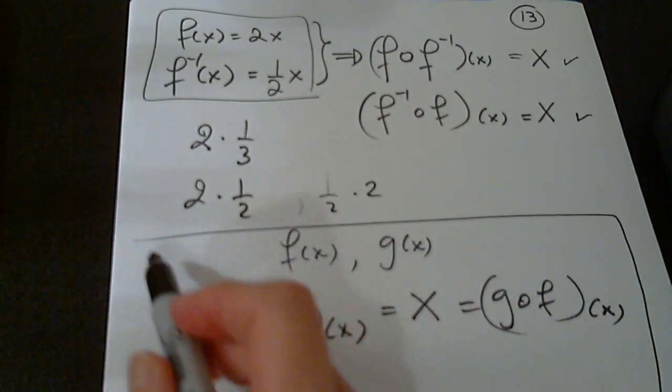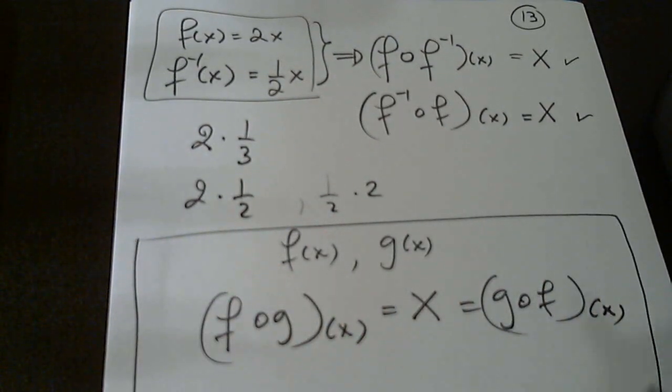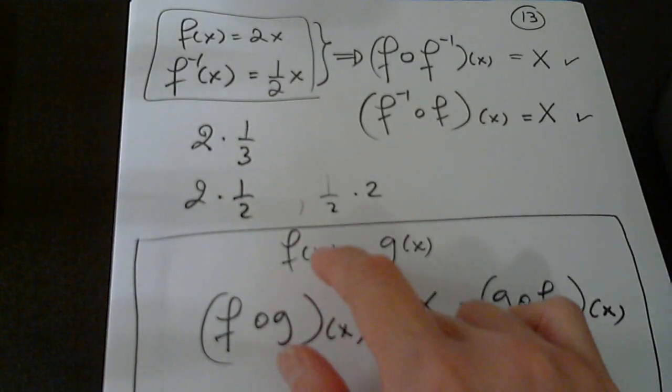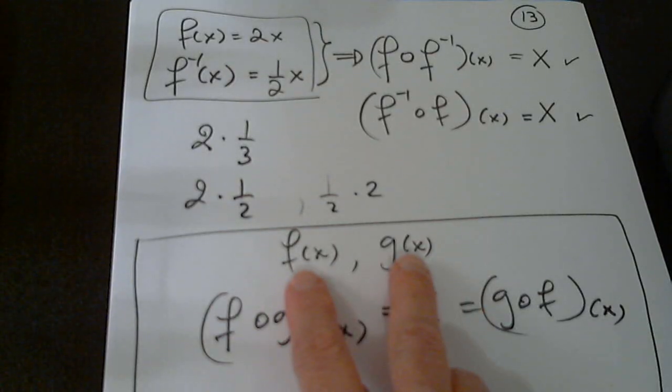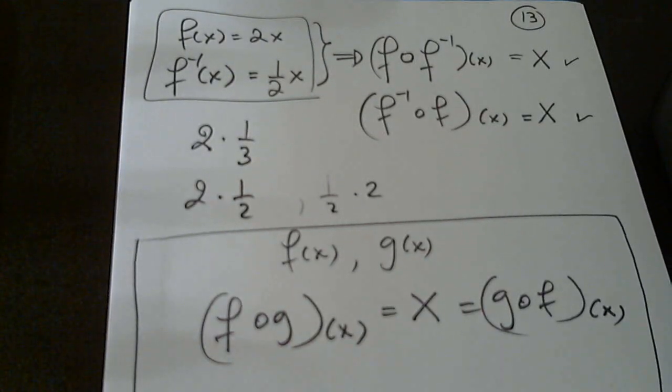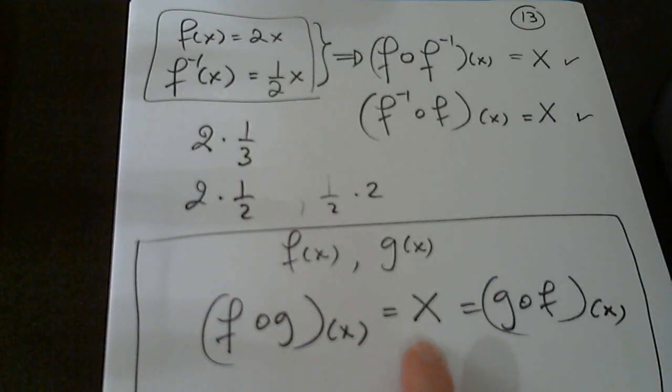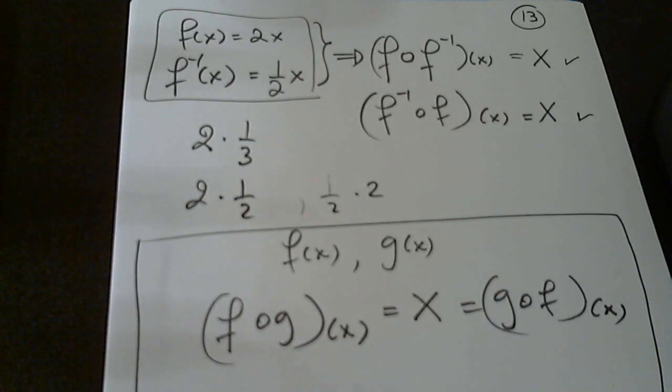Very important rule. So if we're given f and if we are given g, and we create a function composition in both directions, and the answer is plain x, not 1x, not 1/2 x, not x squared, not x cubed, just plain x, what do you conclude about these two functions? If both situations give us x, what do you conclude about f and g?